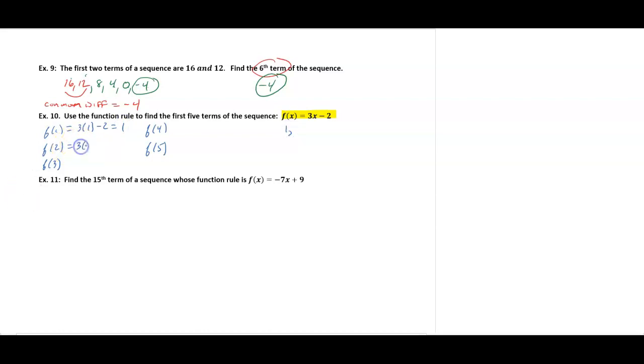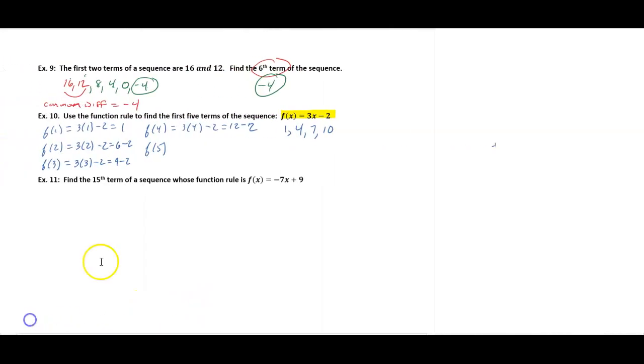F of 2, 3 times 2 minus 2 gives you 6 minus 2, which is 4. F of 3, 3 times 3 minus 2 gives you 9 minus 2, which is 7. Then f of 4 would be 3 times 4 minus 2, which is 12 minus 2, which gives you 10.